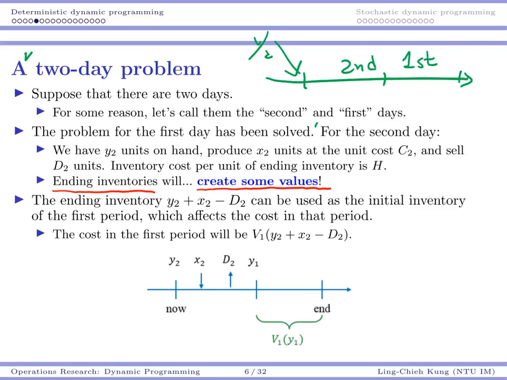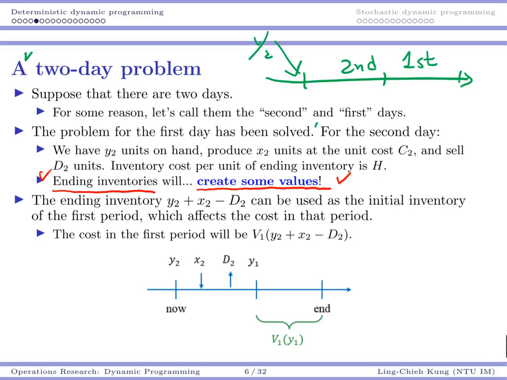But for the second day, if we have ending inventory, we know it's going to create some value. Why is that? If we leave more for tomorrow, then tomorrow we may produce fewer. That's the reason we have some value for our ending inventory.